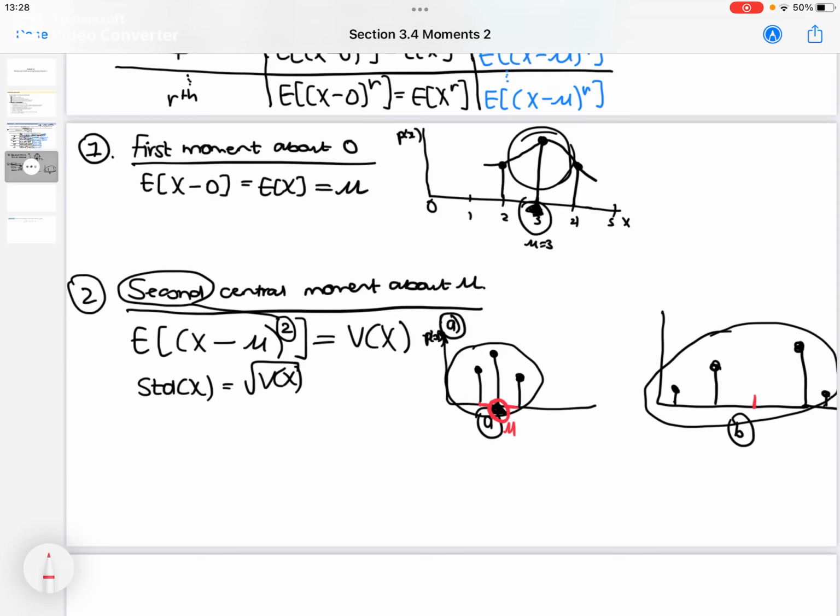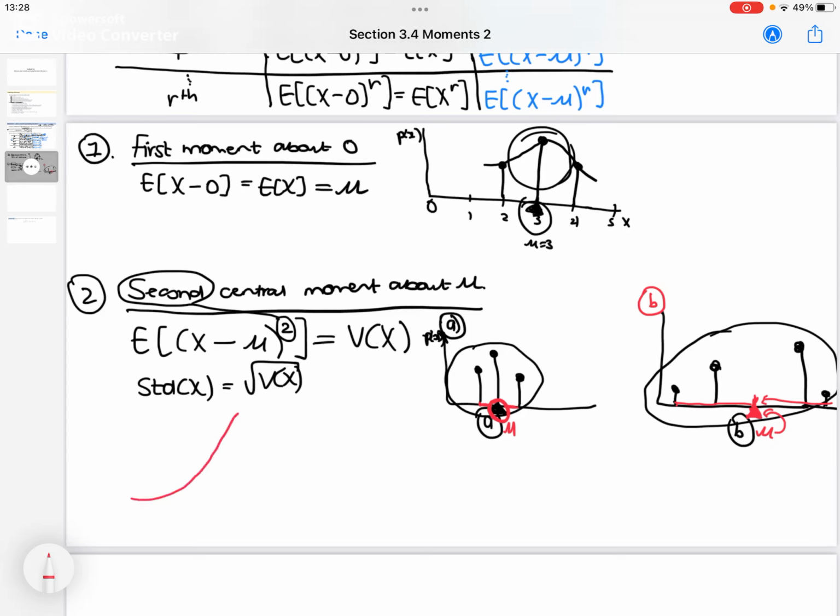All right, and then let's say for this other line graph, mu is a value somewhere around there. So that is where the probability distribution is centered. And so for this line graph, we could see that the possible values of the random variable are actually a bit far away from mu, from the expected value. And so the standard deviation lets us know of the dispersion or the spread between the possible values and the expected value.